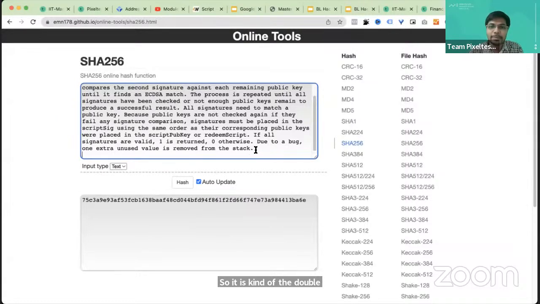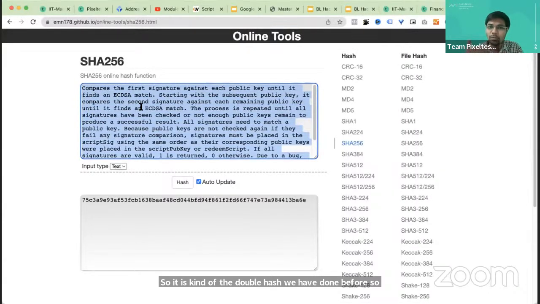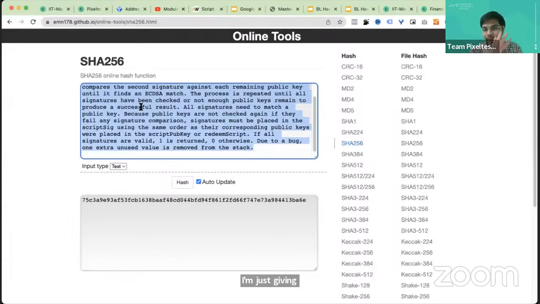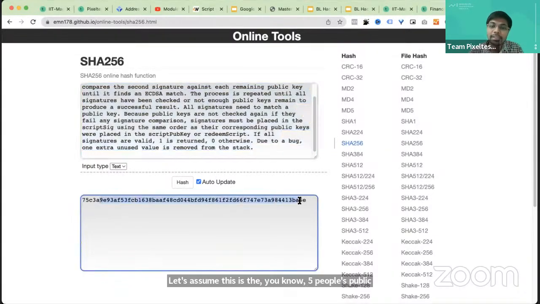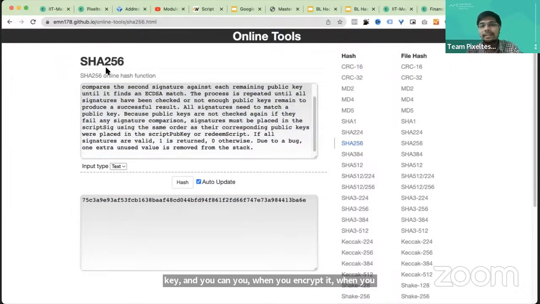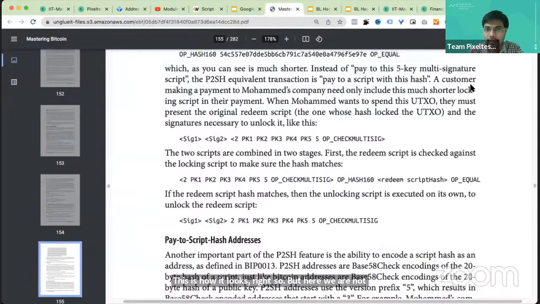I'm just giving an example. This is random input I have entered. Let's assume this is the 5 people's public keys, and when you hash it, this is how it looks, right? But here we are not using SHA-256. What we are using here is, you can see, hash 160, right?